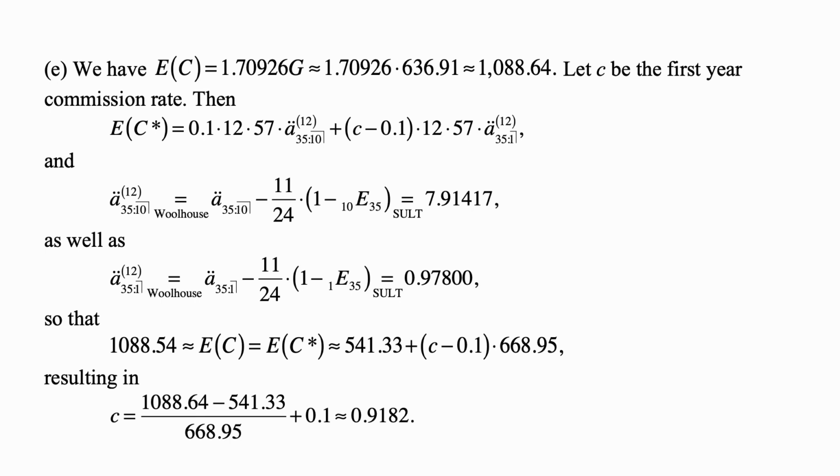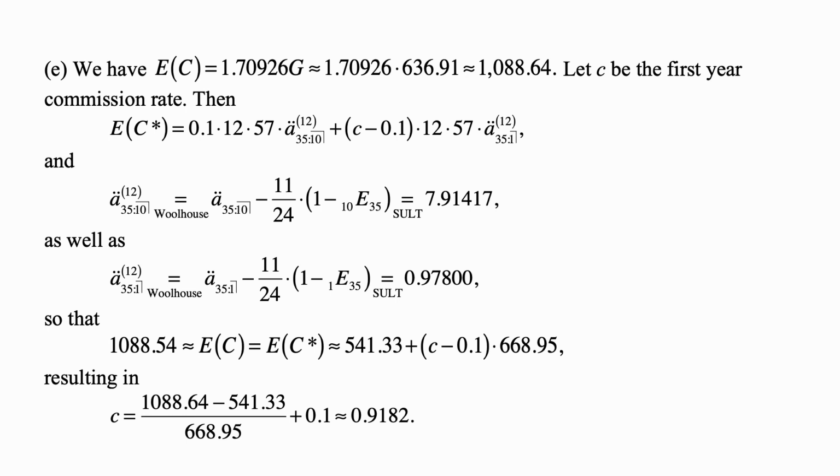And then ä35:10 upper 12, using the Woolhouse formula approximation, is equal to ä35:10 minus 11 over 24 times 1 minus 10E35. And both of the annuity and pure endowment factors are given in the table, so from the table we get this thing to be equal to 7.91417.